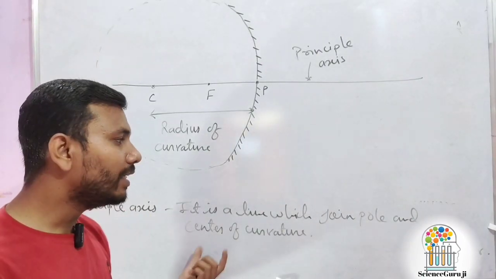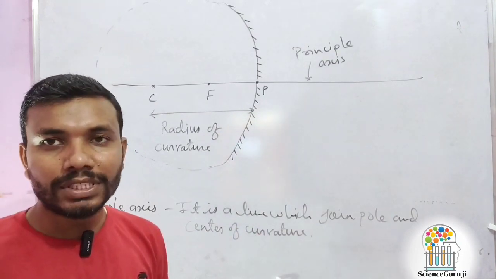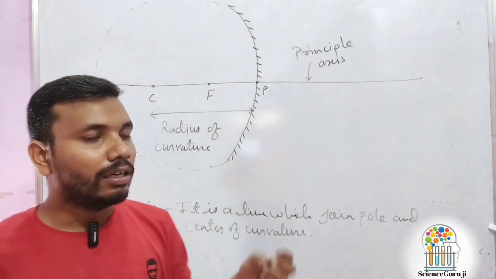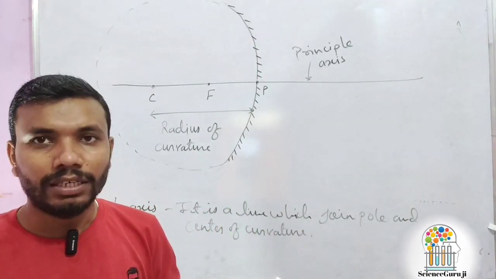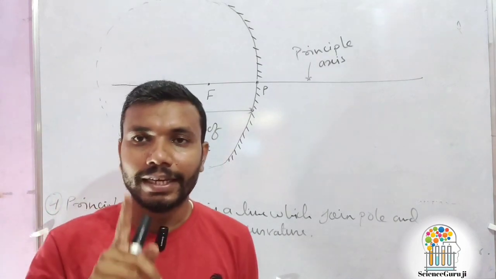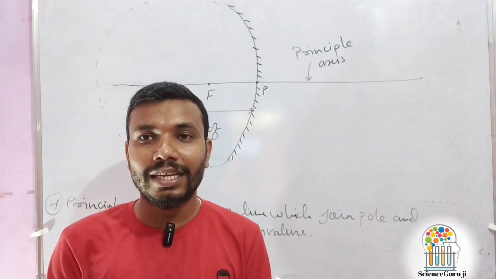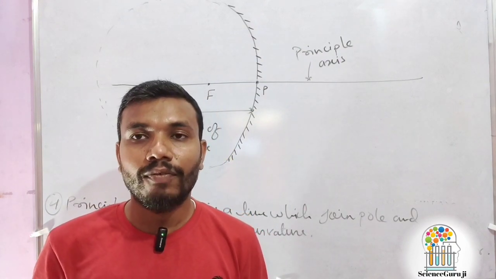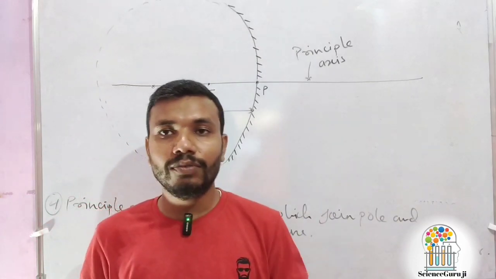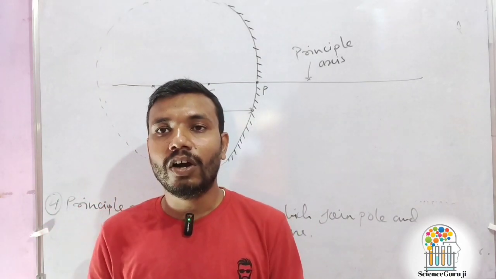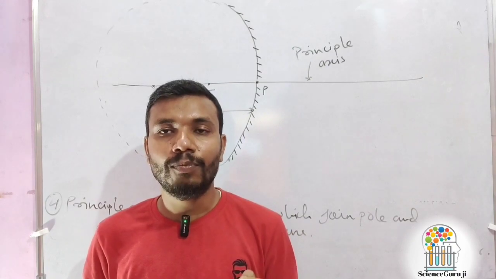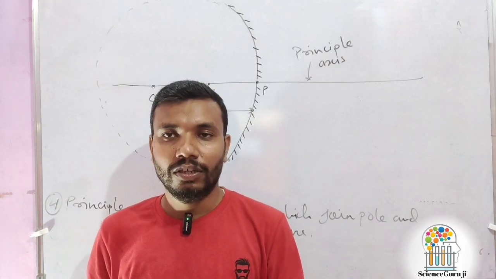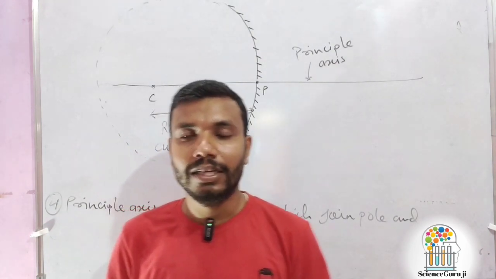Now we can start our topic, but before starting, let's understand one more thing that remains, that is the focal length. The focus is a point where, after reflecting from this surface, light converges or diverges. It is a point where the light beams converge or diverge, forming an image.